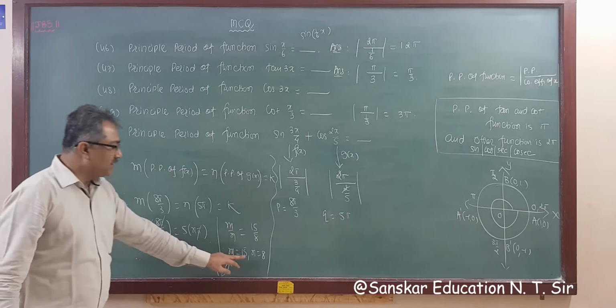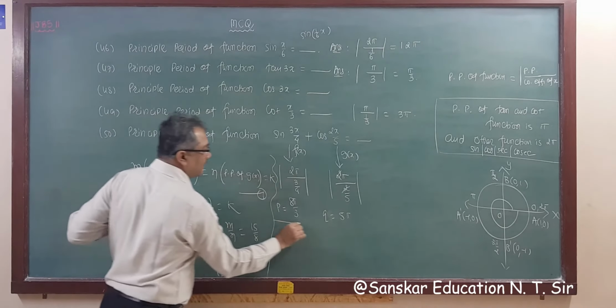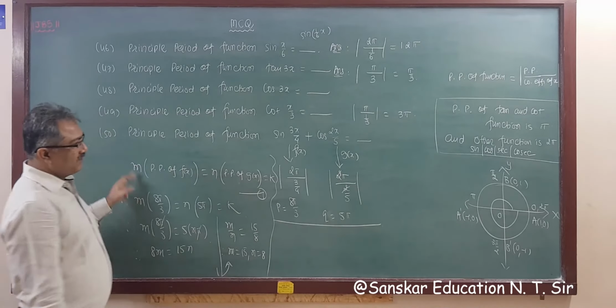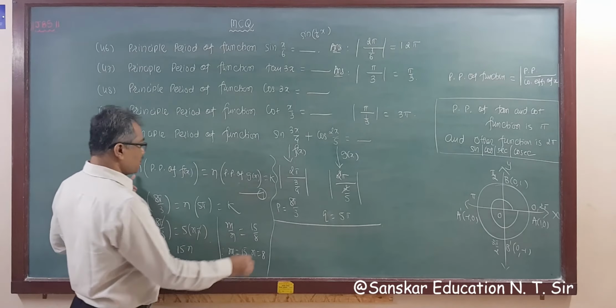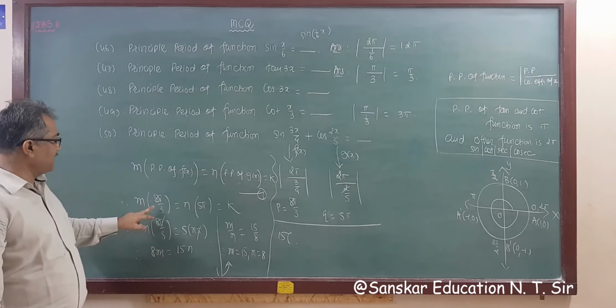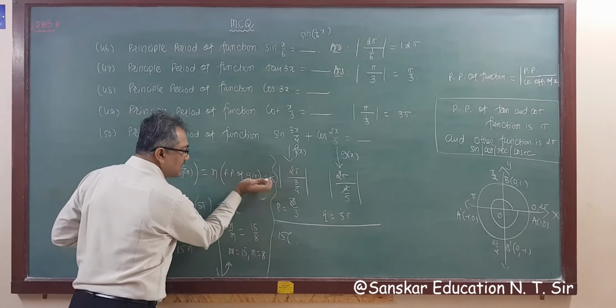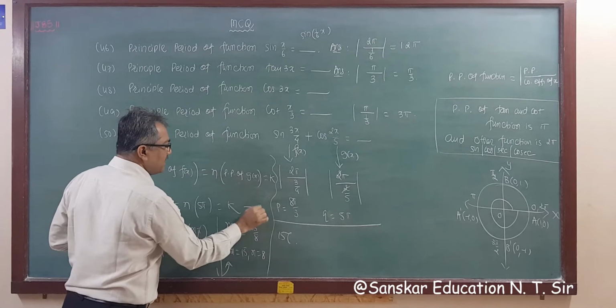Now substituting this value in equation number 1, what we get from equation number 1? Here is no space, so I am writing here. So m is 15 into the principal period of f(x), that is 8π/3. You can say this is the result for 1 also, any one of these, right?